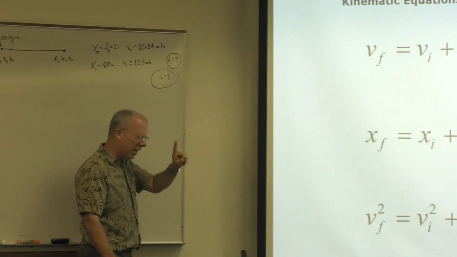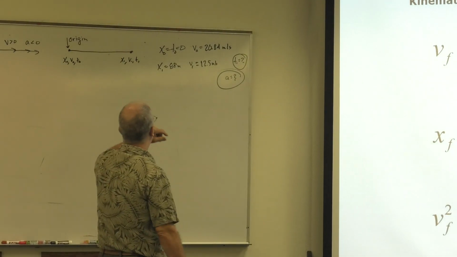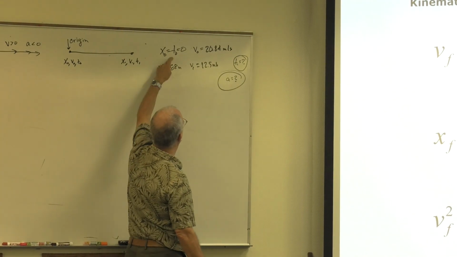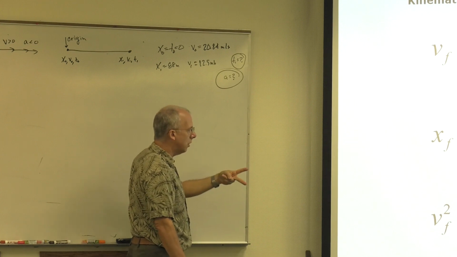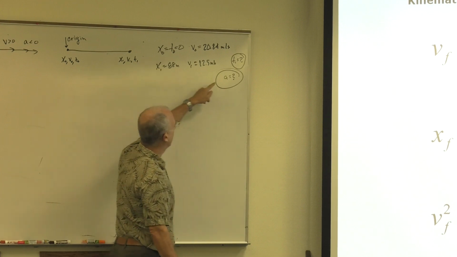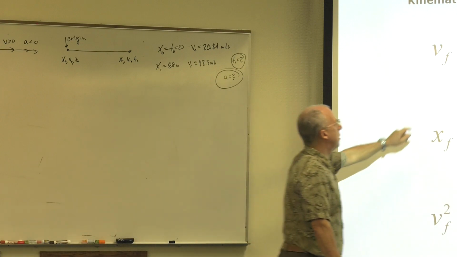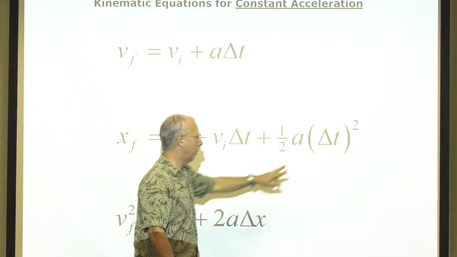It said first find the acceleration. We know both velocities, final and initial. We know the displacement. We don't know the time yet. So in order to find the acceleration, this one is not going to help, because we don't know the time.